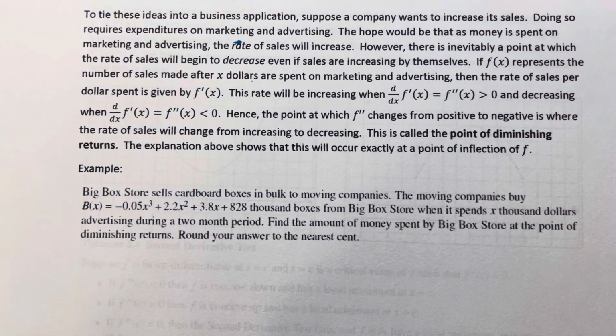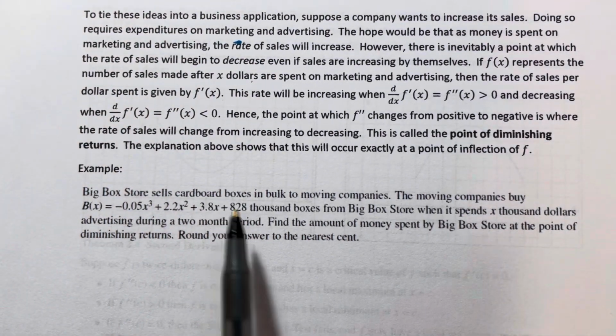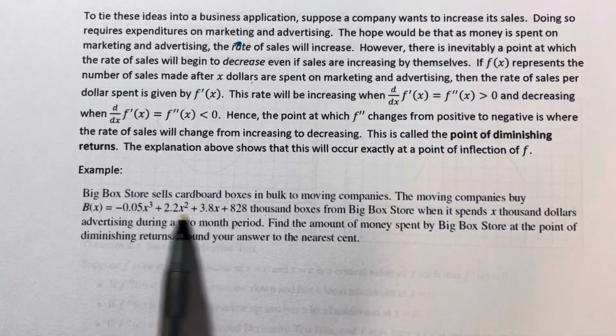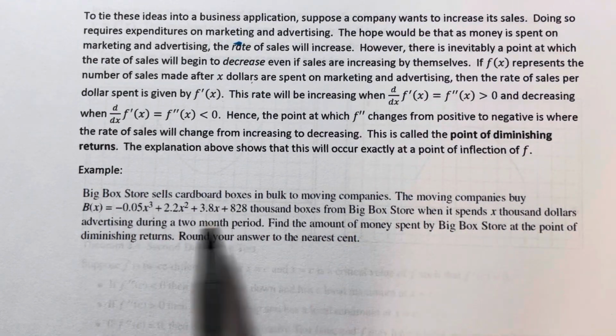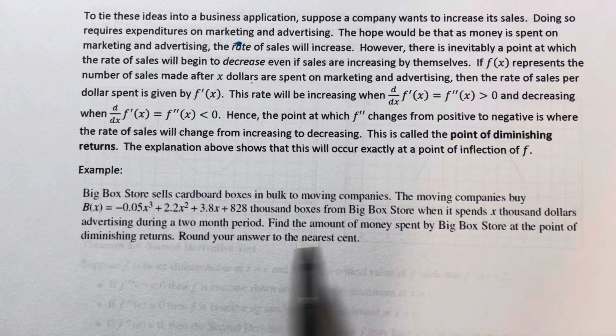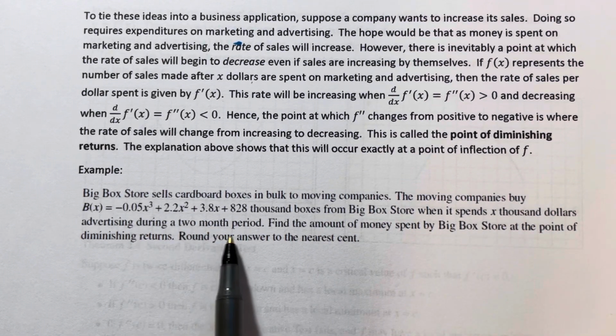So let's take a look at an example now. It says a big box store sells cardboard boxes in bulk to moving companies. The moving companies buy B of x equals this. This is our function. Thousands of boxes from the big box store when it spends x $1,000 on advertising in a 2-month period.